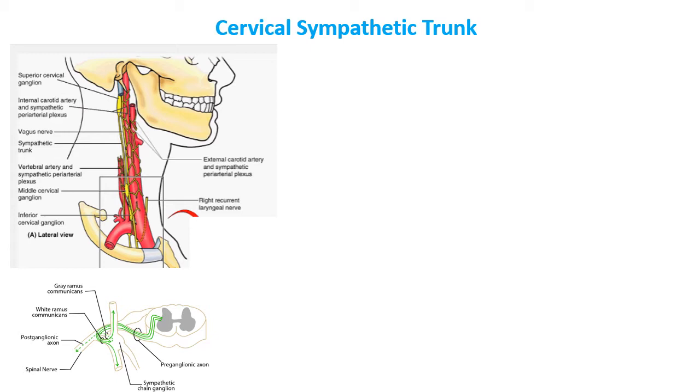But here we have 3 ganglia. These are the superior cervical ganglion, then the connecting trunk, then the middle cervical ganglion, and again the inferior cervical ganglion, which by means of the connecting trunk is connected to the thoracic sympathetic ganglia.